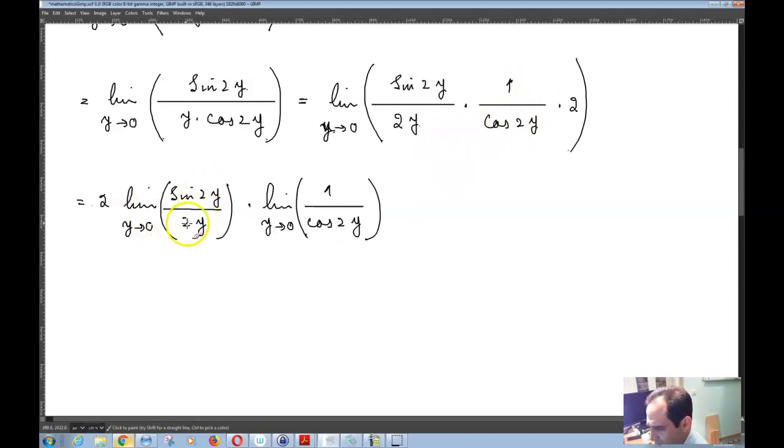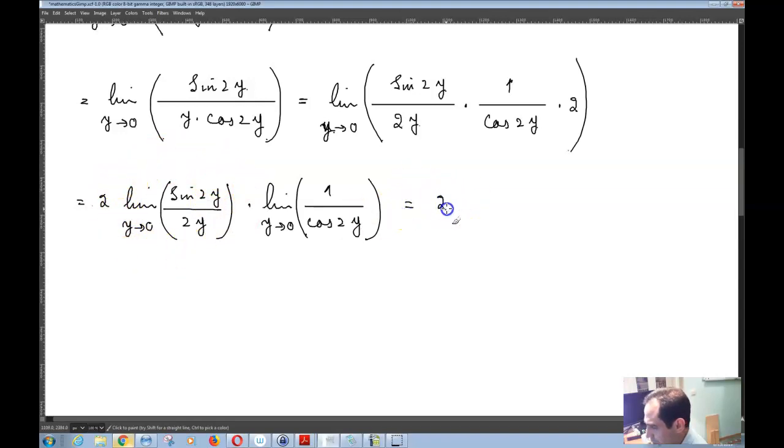Well, you see over here, as y tends to 0, of course 2y tends to 0. So this is going to be basically a 1.